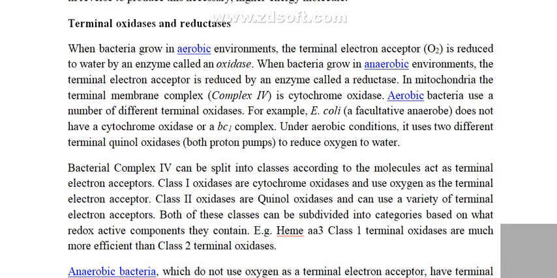But what happens when it is in anaerobic condition? Usually the bacterial complex 4 can be split into two classes. One is cytochrome BC1 and the other class is AA3. AA3 is a heme AA3 class 1 terminal oxidase, which is more efficient than the class 2 terminal oxidases. Class 2 terminal oxidases are the quinol oxidases, and class 1 oxidases are the cytochrome oxidases.